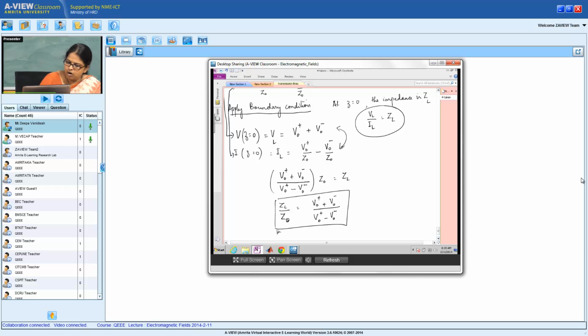The ratio of the load impedance to the characteristic impedance turns out to be something that has to do with V0 plus and V0 minus.